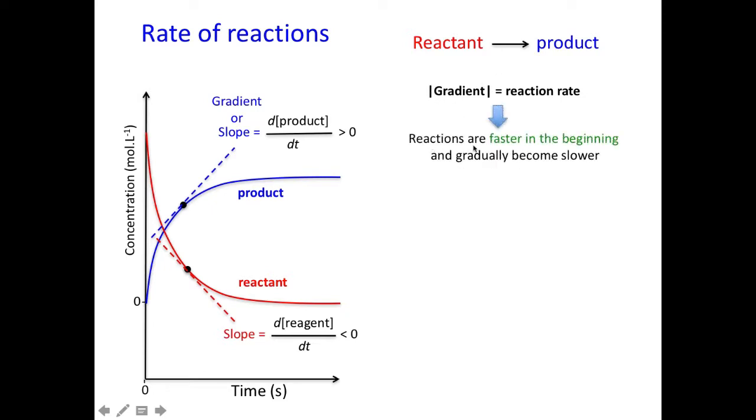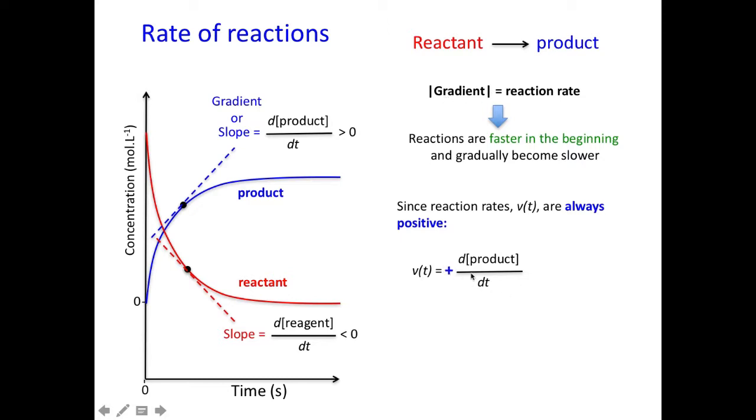So reactions are faster in the beginning and gradually become slower, as we see here, because the slope is larger in the beginning of this curve, and then becomes smaller. And since reaction rates, which I'm calling V, are always positive, we need to add a positive sign here, which is the same as showing the modulus.